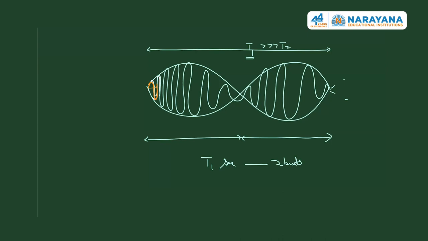This time period I am looking for as t2, and this bigger time period as t1. If we can find t1, t2, and justify that t1 is large in comparison to t2, then beat frequency is fine. So for every second, it is 2 upon t1 beats. So 2 upon t1 beats per second will define your beat frequency.